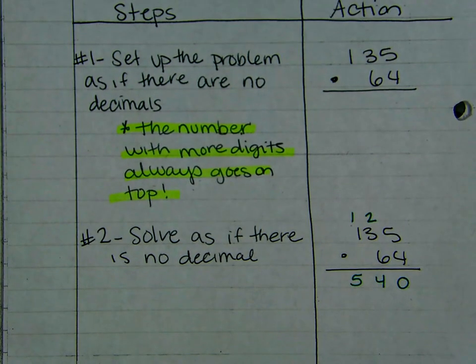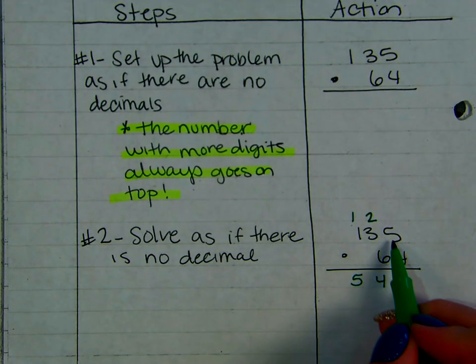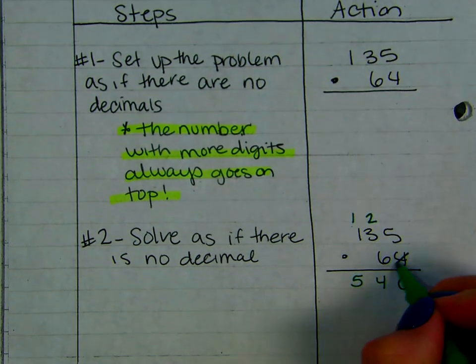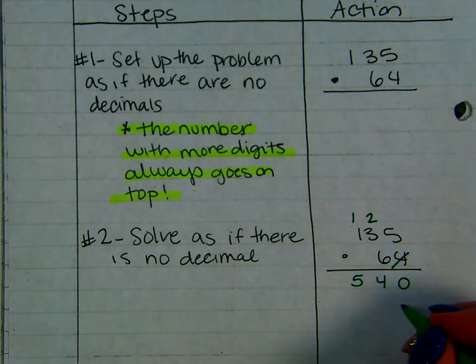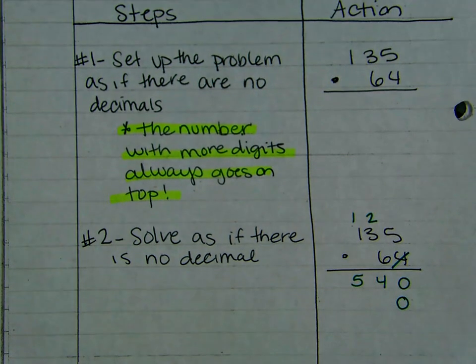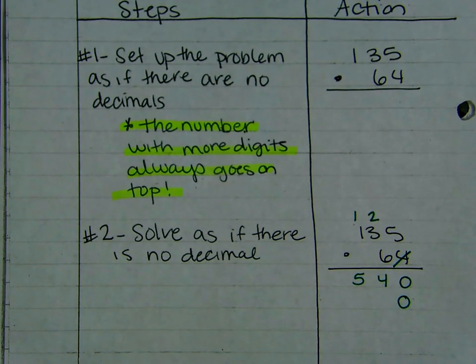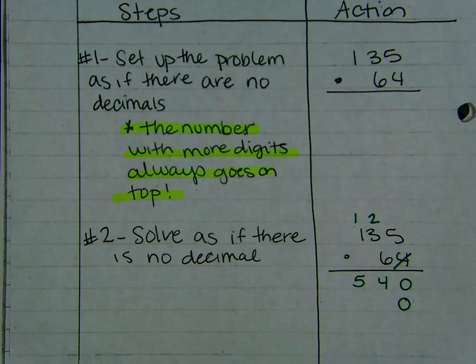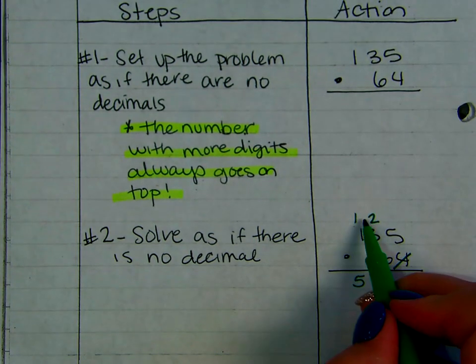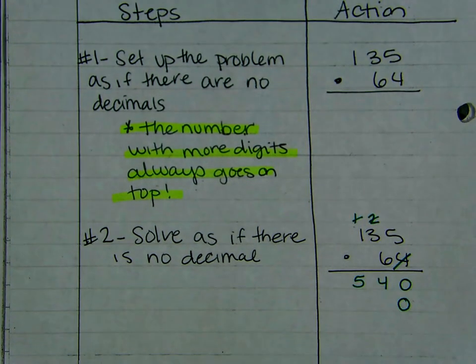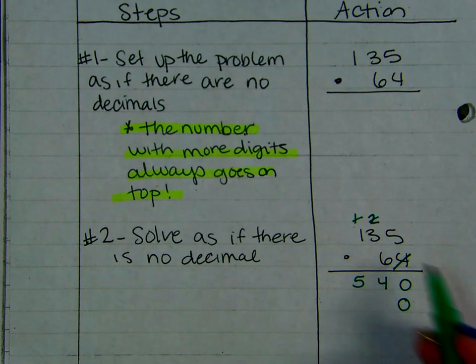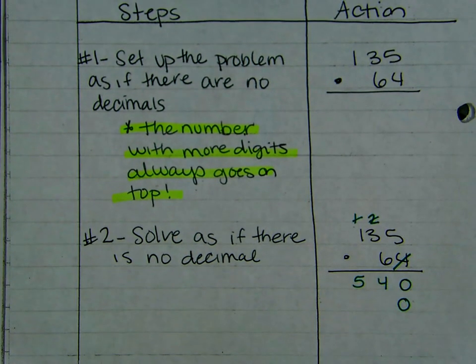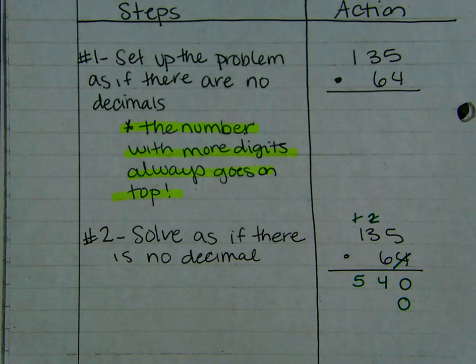Now that I am done with the 4 and I have used the 4 on all three numbers up top, I'm going to cross it out and I'm going to put a 0 in its place so I make sure I don't ever use it again. Now I'm going to go and use the 6. And I'm going to cross out these numbers here because I've also used them too. Now I'm going to go 6 times 5, which is 30.